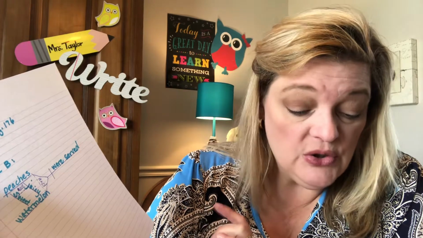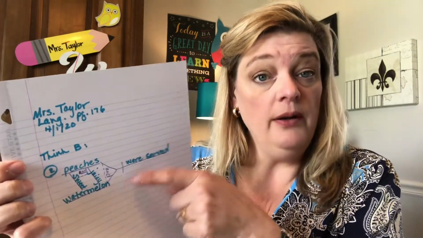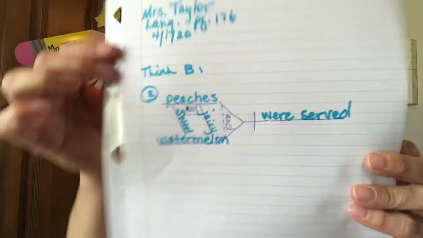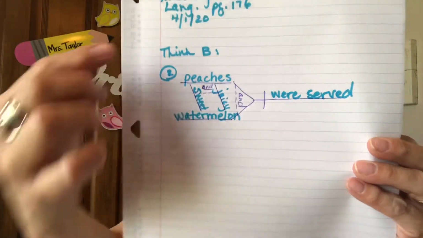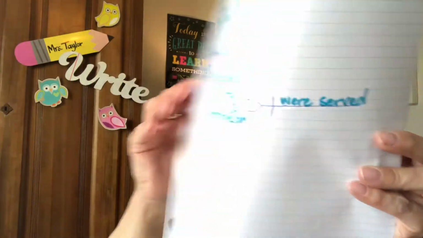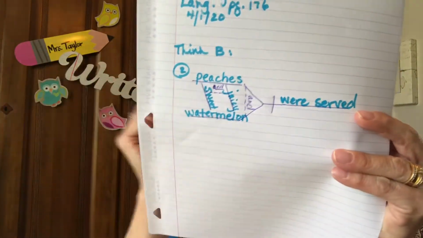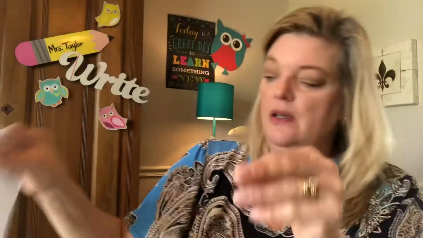They were sweet and juicy, and watermelon. So there's 2 conjunctions there. Can you see them? The 2 ands that go between our adjectives, and then the conjunction that puts the 2 subjects, peaches and watermelon, together. Pretty cool.